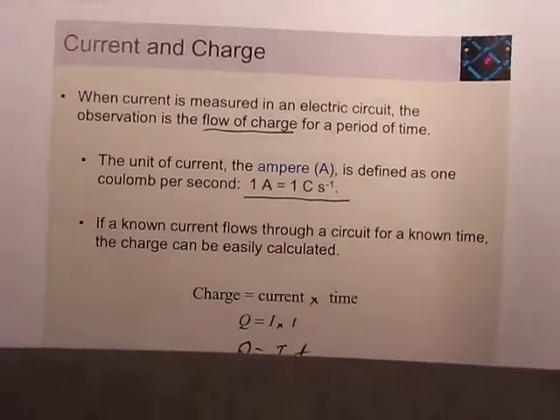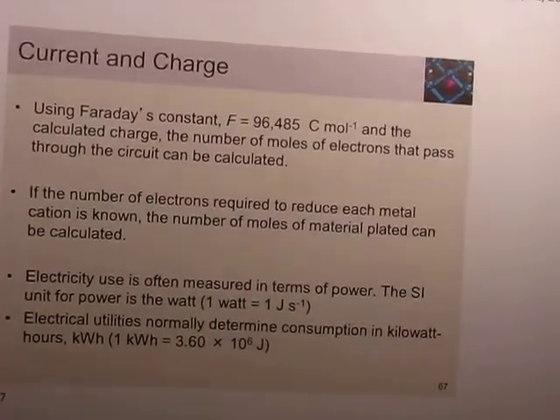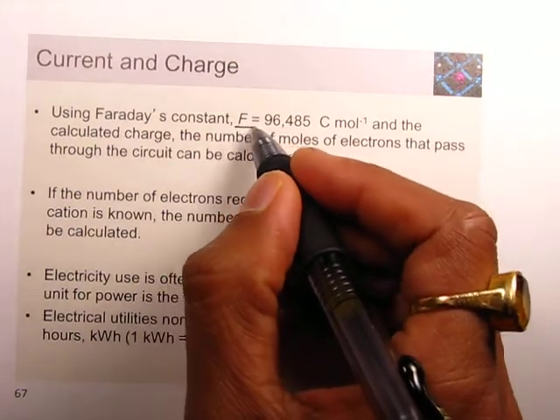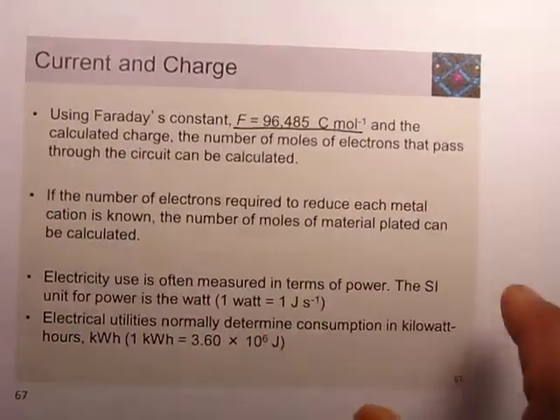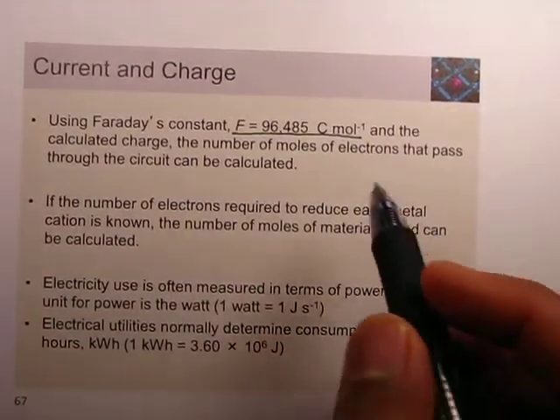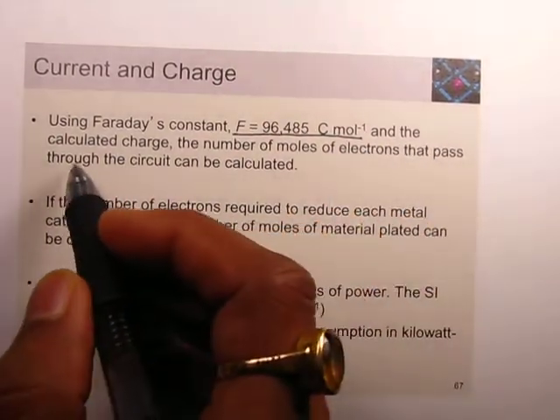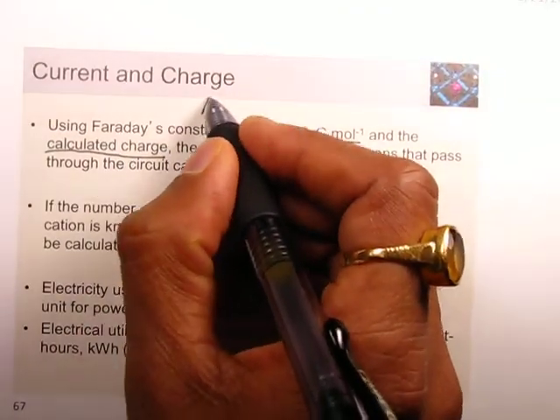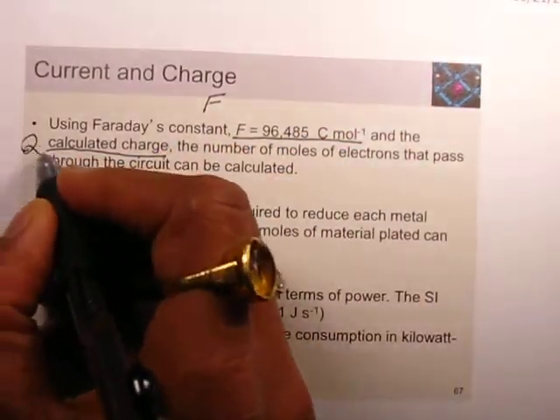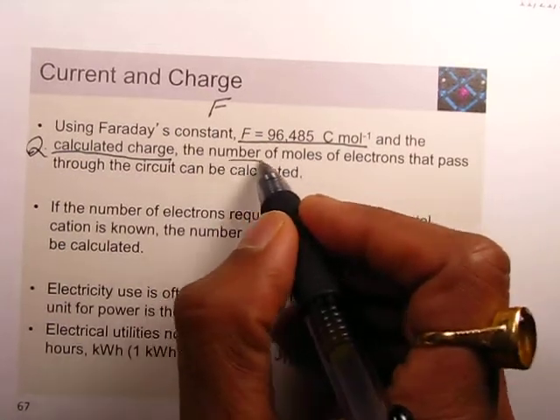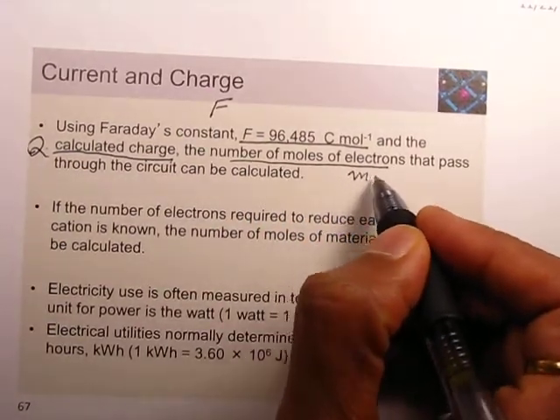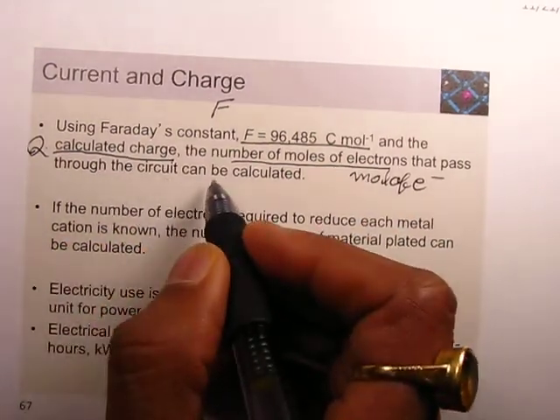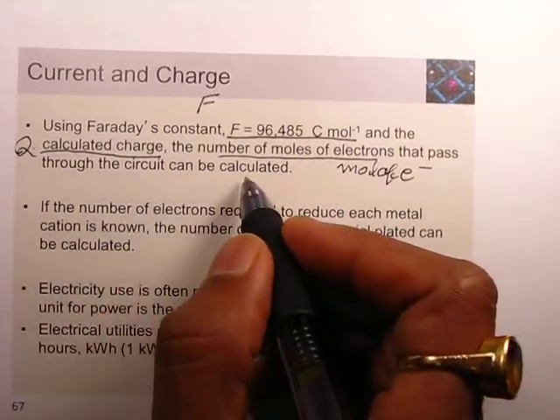And another important thing is the Faraday constant, which is 96,485 coulomb per mole. Using the Faraday constant F and the calculated charge Q, the number of moles of electrons that pass through the circuit can be calculated.